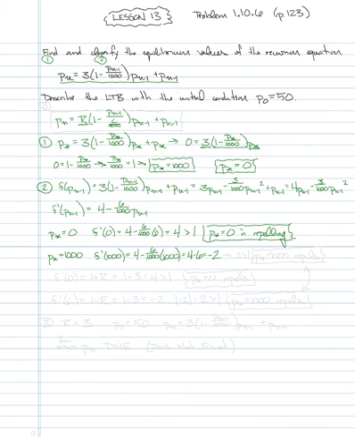Now I take the absolute value of negative 2, and since the absolute value is 2, which is greater than 1, again, p star is equal to 1,000 repels. So now I've classified both of my equilibrium points as repelling using calculus.